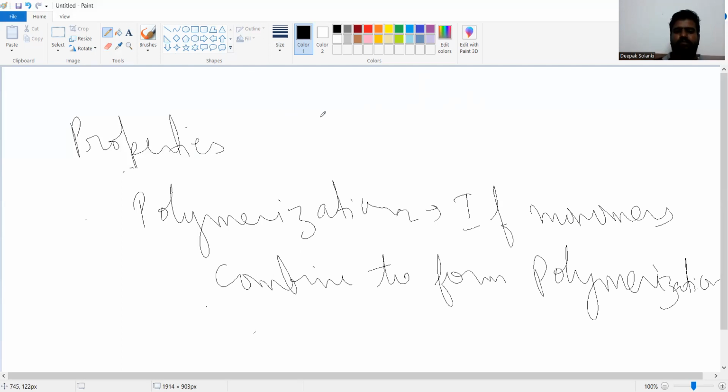Now the question arises, what is a monomer? A monomer is a compound of two carbon atoms. For example, I can take C double bond C, fulfilling the valency.